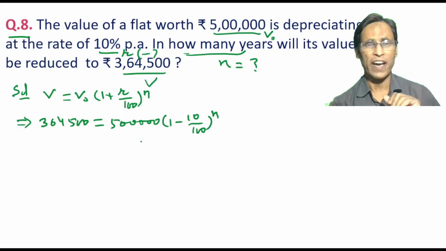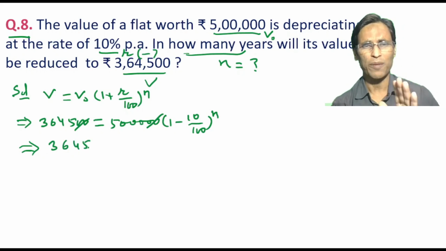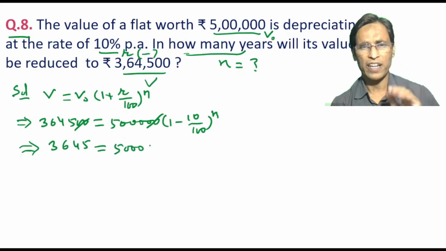Now we will simplify. In simplification, we can cancel these two zeros with these two zeros. And then in the next step, we have 3645 equal to 5000, that is 50, and under bracket 1 minus 10 by 100.